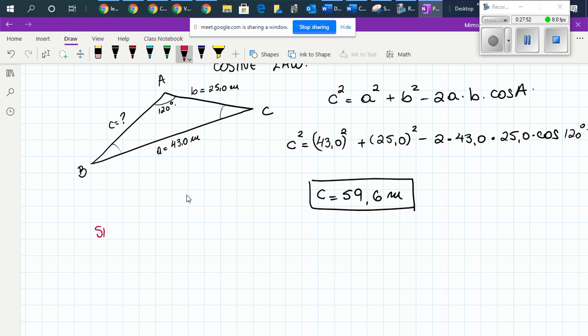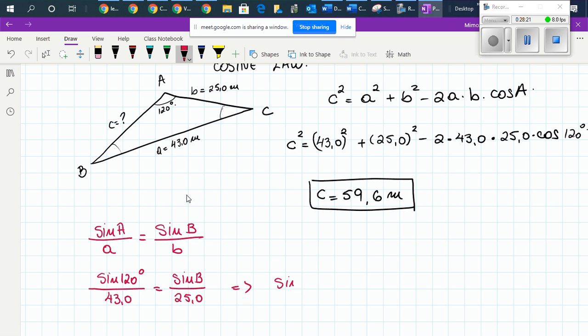So sine of angle A over length of A is equal to sine of angle B over length of B. And sine of angle A is the same as saying sine of 120 over 43 is equal to sine of angle B over 25.